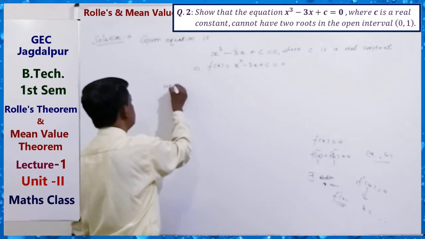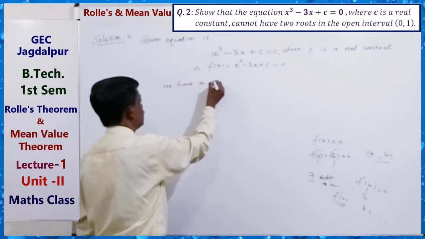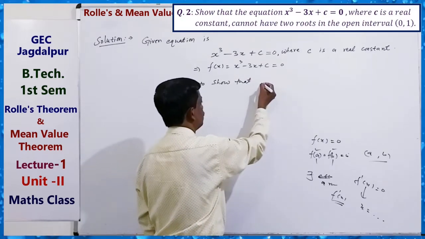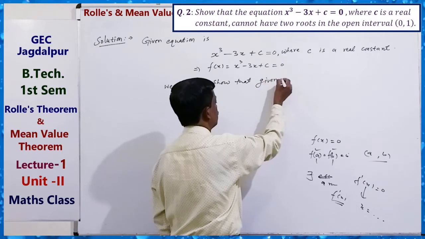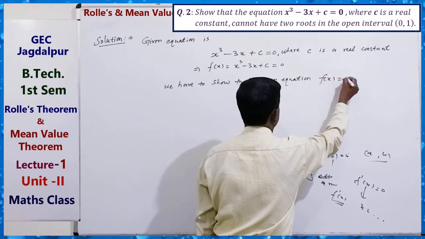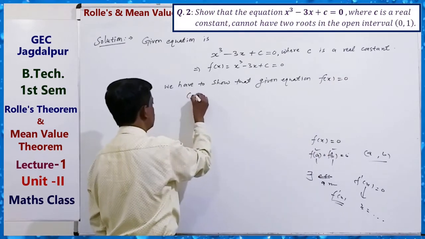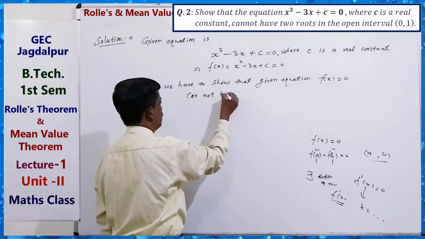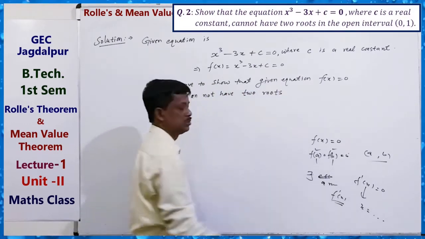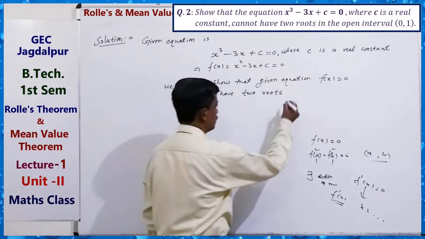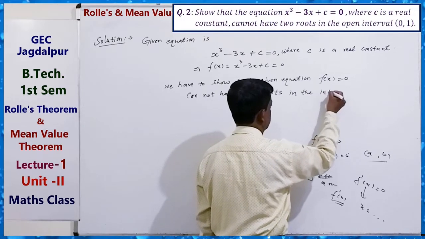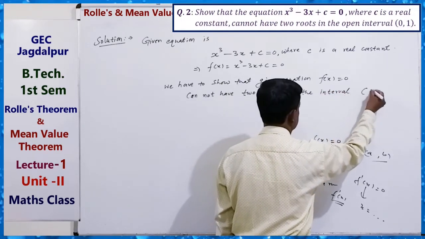We have to show that the given equation cannot have two roots in the interval (0, 1).